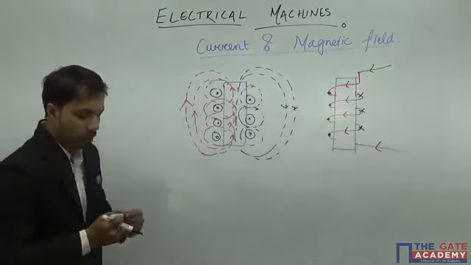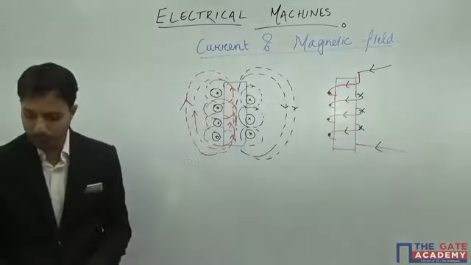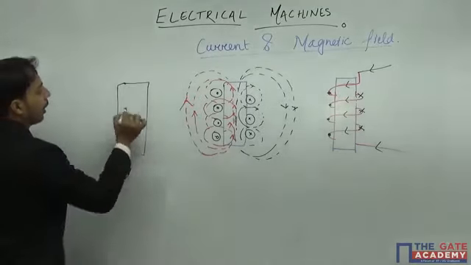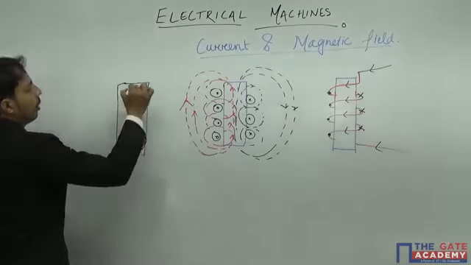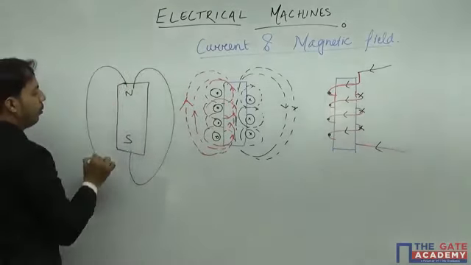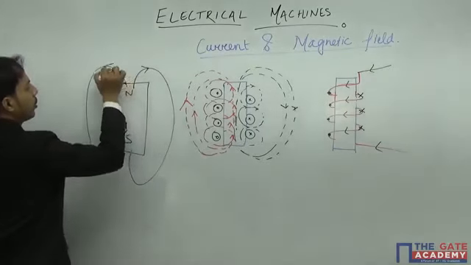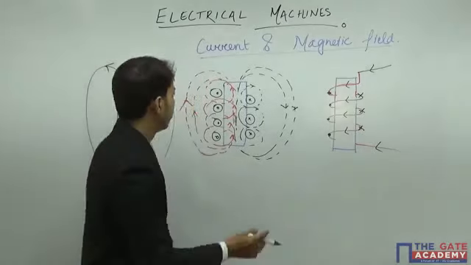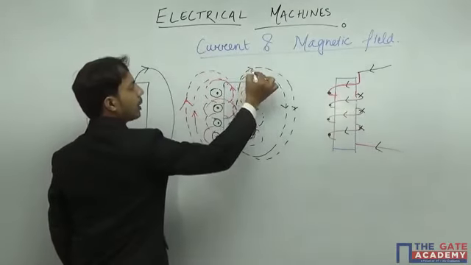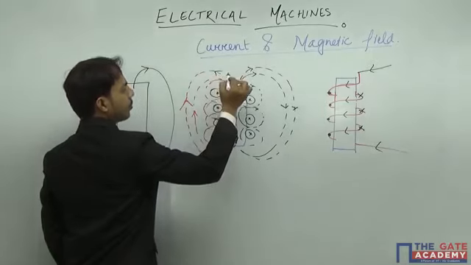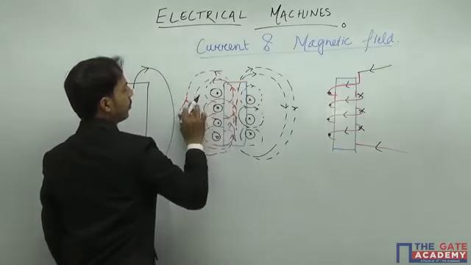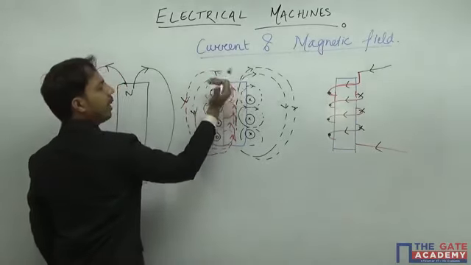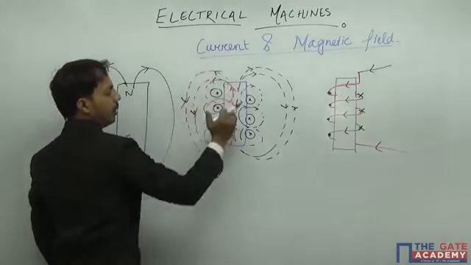So you see, now this is similar to a bar magnet. If I have a bar magnet, say N and S here, the field will come out from north and go inside the south in such a way. Similar thing is happening. Field is coming out from these directions. This is anti-clockwise, so fields are coming out in these directions.